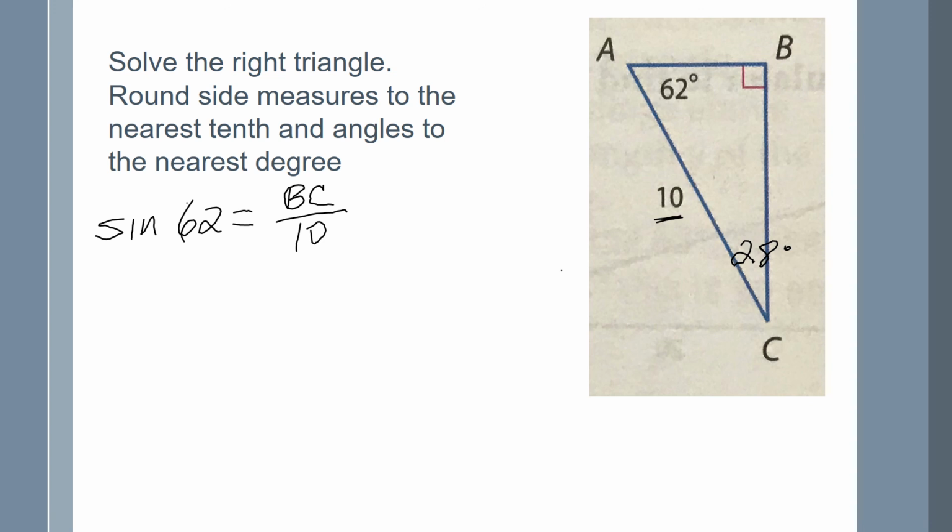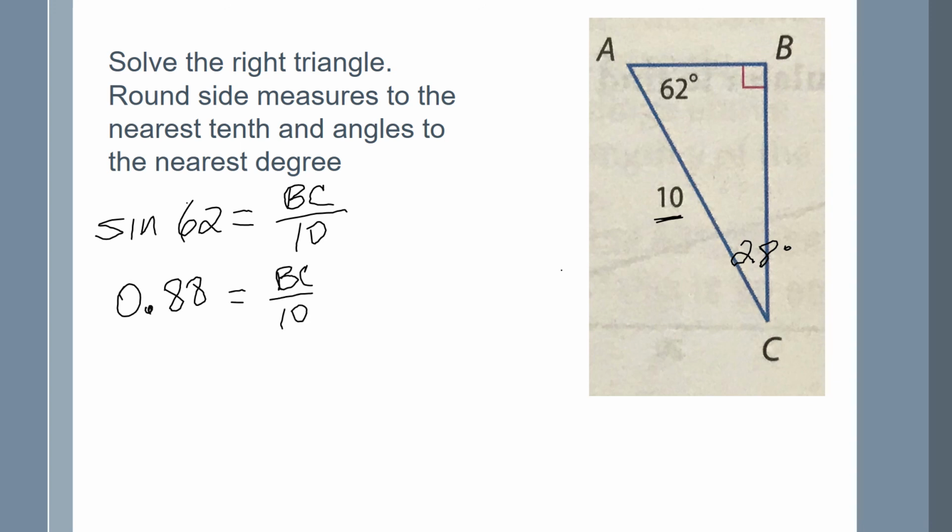Okay, so we just plug in the sine of 62 and hit enter, and it tells us that that's equal to 0.882948. And we're going to go to the hundredth here, so 0.88, and this is equal to BC over 10.